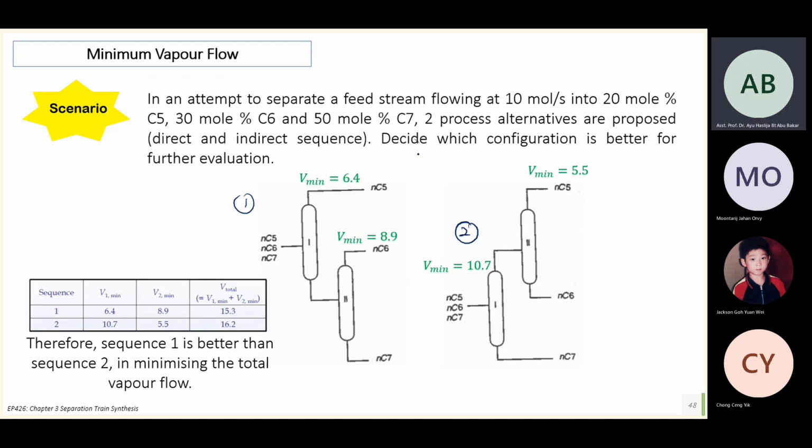The question asks you to decide which sequence is better for further evaluation. You have two sequences over here, and you need to determine which sequence to proceed. How? By looking at the V min for each sequence.